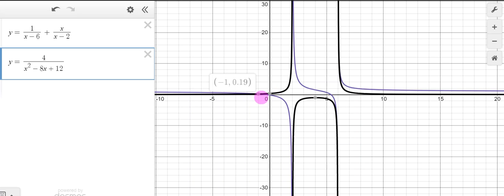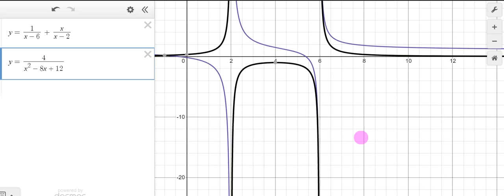And look what happens at -6. It's an asymptote. So actually, using technology, you would have, in this case, seen exactly the same thing. Because it looks like the blue and the black are equal, but they're not, are they?